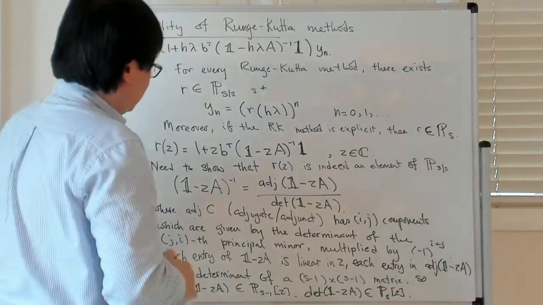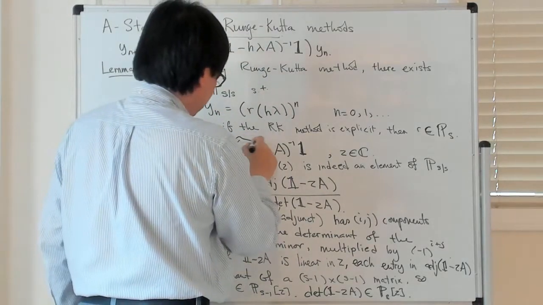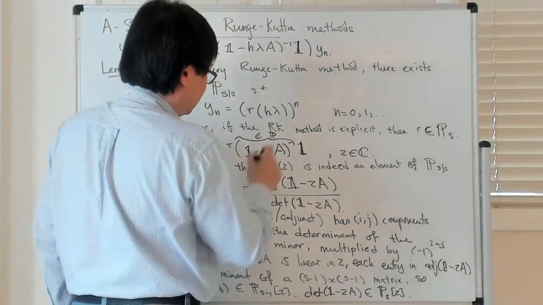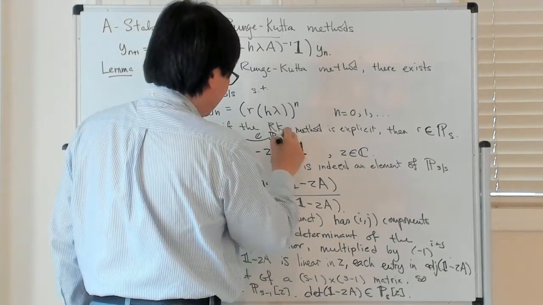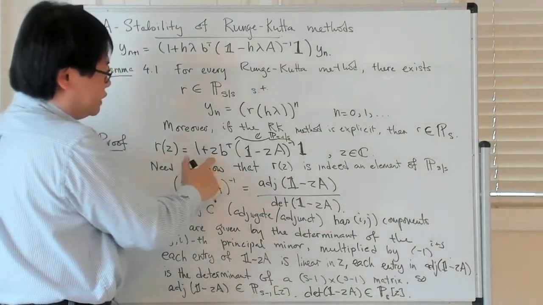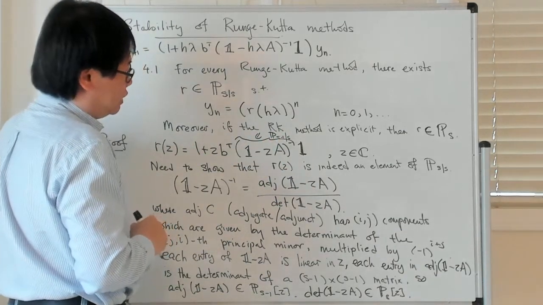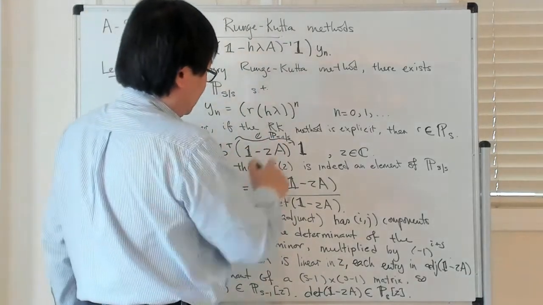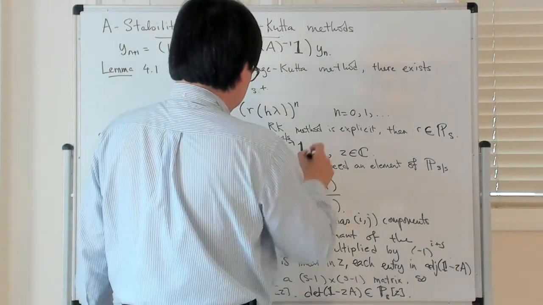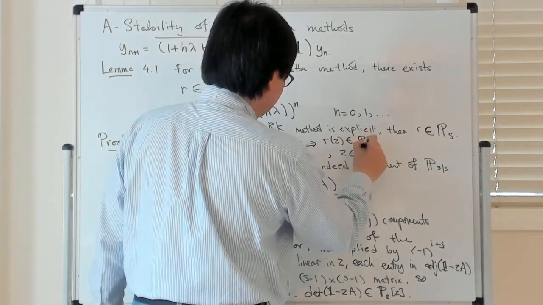So now this term is an element of the rational functions of degree s minus 1 in the numerator and s in the denominator. There's another factor of z out there, so this whole thing is a rational function of degree (s, s). So this implies that R(z) is in the space of rational functions of degree (s, s).